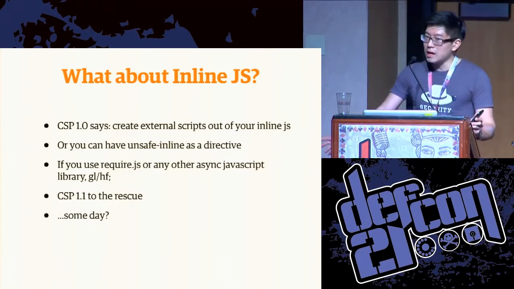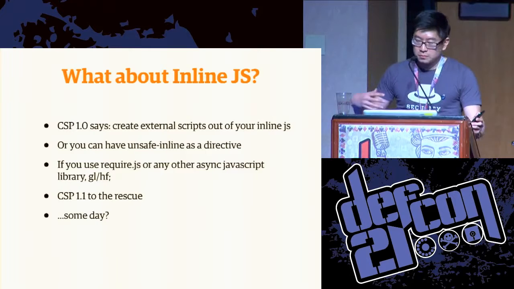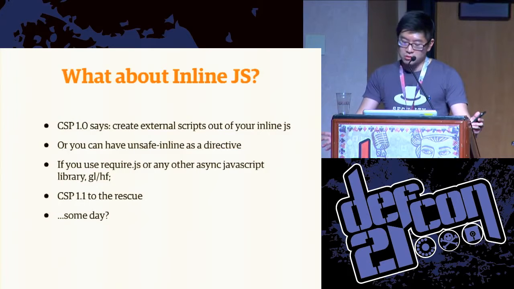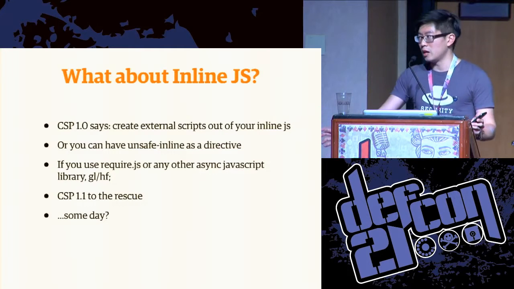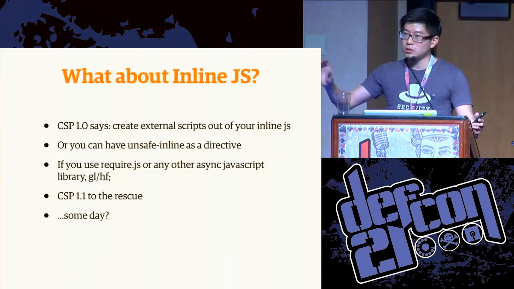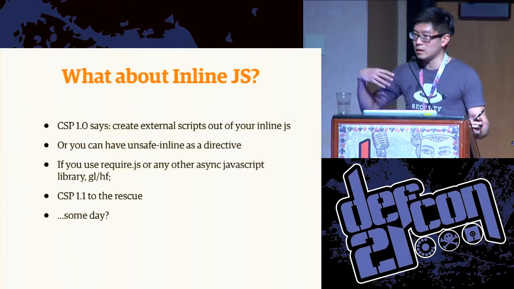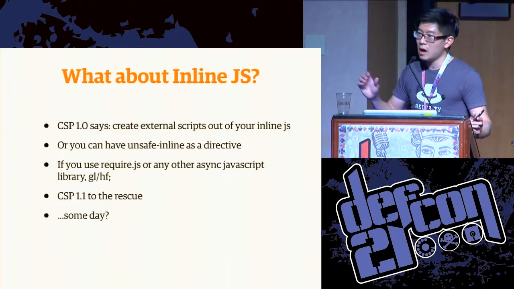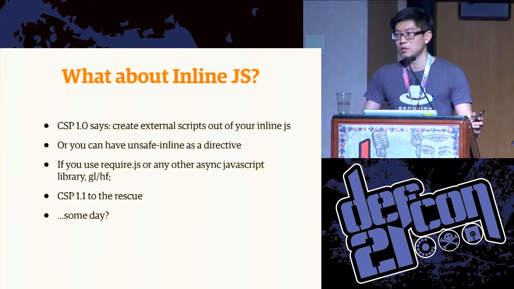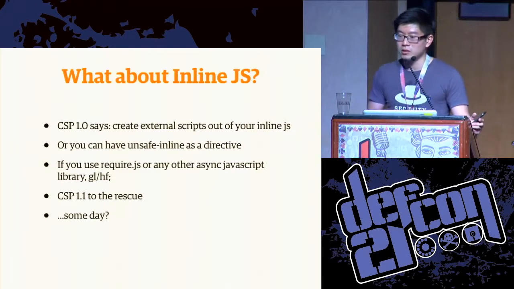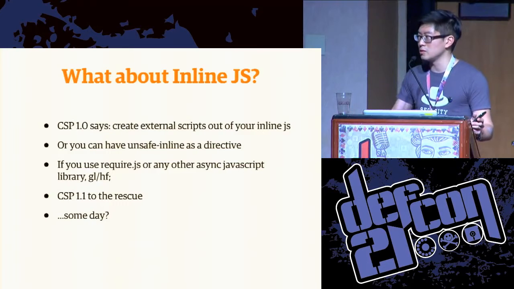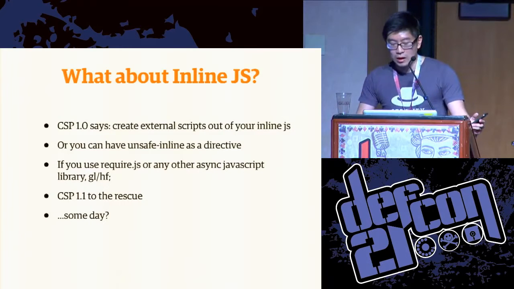And in addition, if you use any kind of asynchronous JavaScript loading library such as require.js, this also has implications, because require.js and other asynchronous JavaScript loading libraries essentially say, hey, I want to load this bit of JavaScript, so at some point during the rendering of the page, I'm going to call appendChild on the head of the document with the contents of the JavaScript. And because this is all done asynchronously, it's very fast. There's no additional HTTP call, but the problem is that that's going to cause issues with Content Security Policy 1.0.